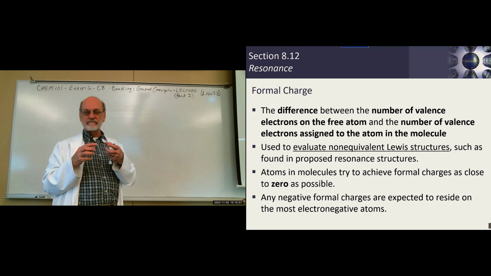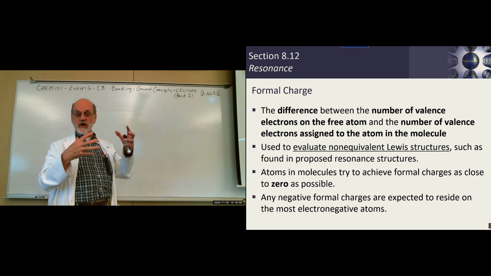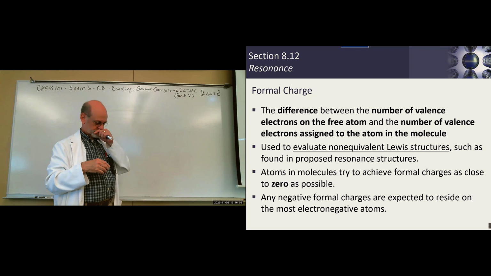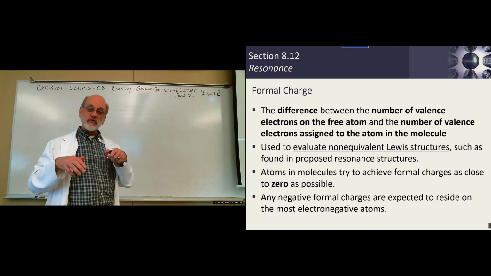So what we're looking for is, once we calculate the formal charge for each one of the atoms in our structure, we compare structures. And the one that has the lowest formal charge for all of its atoms is the preferred one. Now what we need to do is give you the method for calculating the formal charge. So we're trending towards 0.